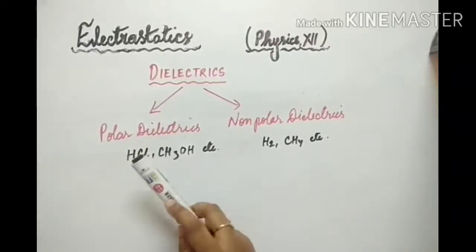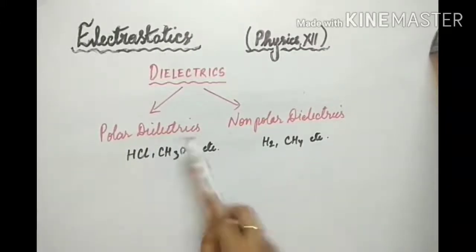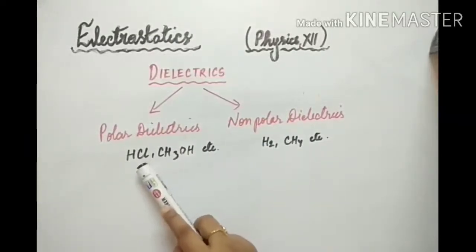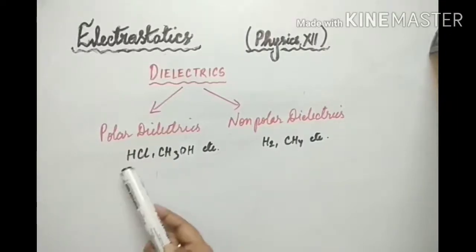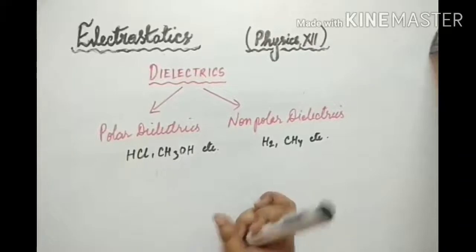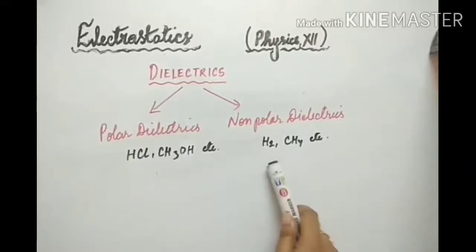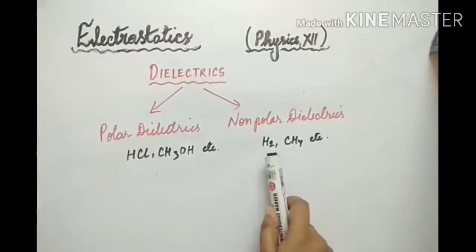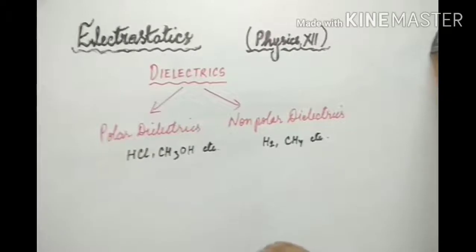Polar dielectrics are dielectrics made of polar molecules. We have already learned about polar molecules, the molecules which have a net dipole moment, where the positive and negative centers are at a distance from each other and thus create a dipole moment. In non-polar dielectrics, the positive and negative centers of the atoms coincide, that is, they do not have a dipole moment.